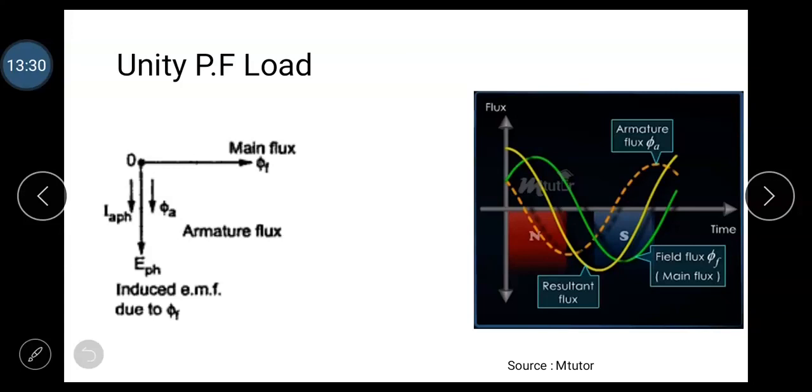So there is no decreasing or demagnetizing effect. Only a distortion effect is there, that is nothing but cross magnetizing. Hence such a distorting effect of an armature under unity power factor condition of a load is called the cross magnetizing effect of an armature.